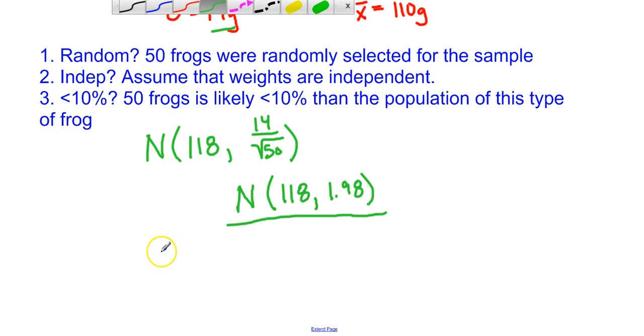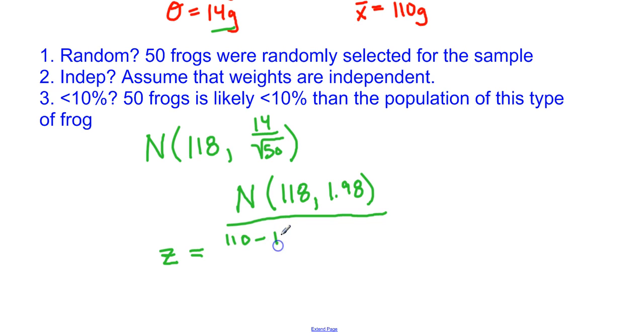In other words, we're going to find the z-score, to find out how many standard deviations away our X bar is from the population mean. So we want to find the deviation of our point compared to the mean, and then divide that by the standard deviation of the sampling distribution. When we do that, we find out that our z-score is 4.04.